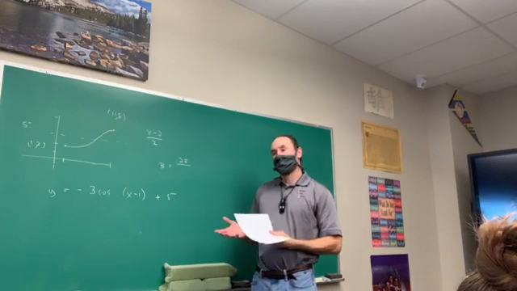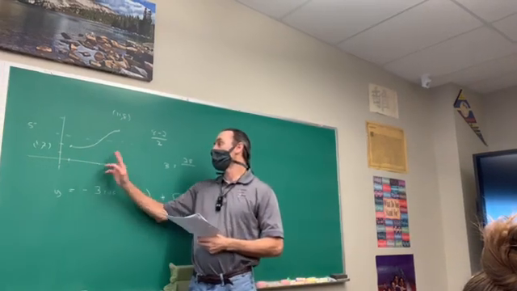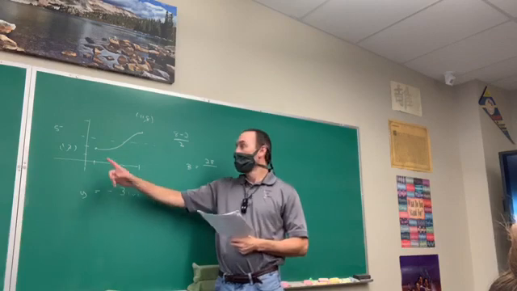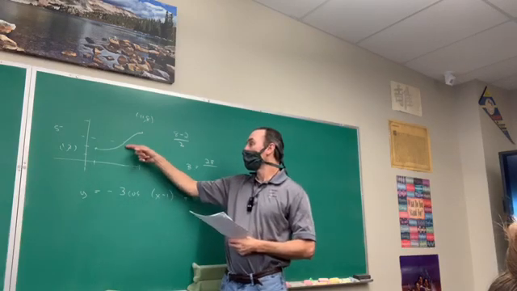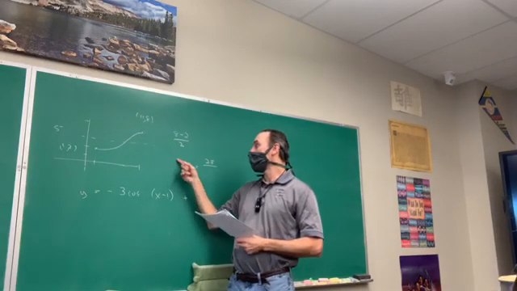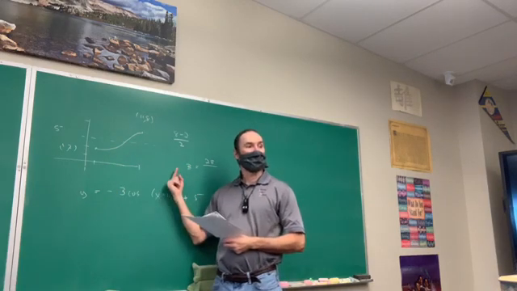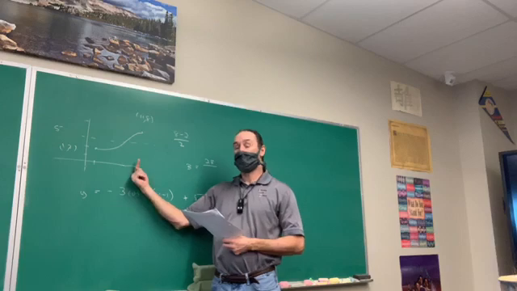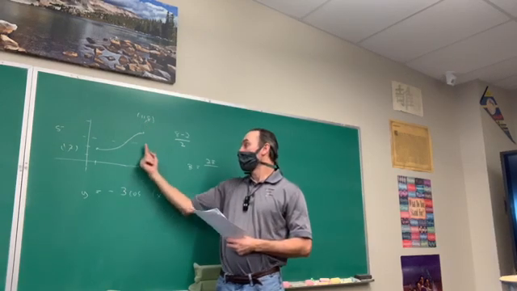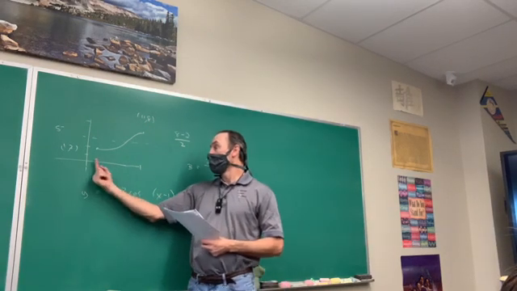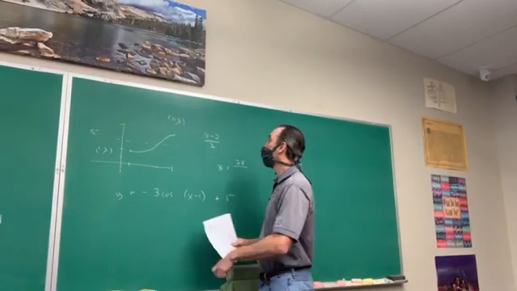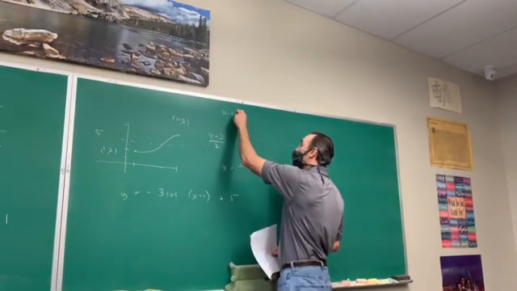To get the actual period, from a low to a high is half of a period. Because this is going to go up to a high point and then it's going to come back. And once it gets back to where it starts, that's going to be the full period. So from low to high is half of a period. So if we take the x value 11 minus the x value 1, so 11 minus 1 is 10.